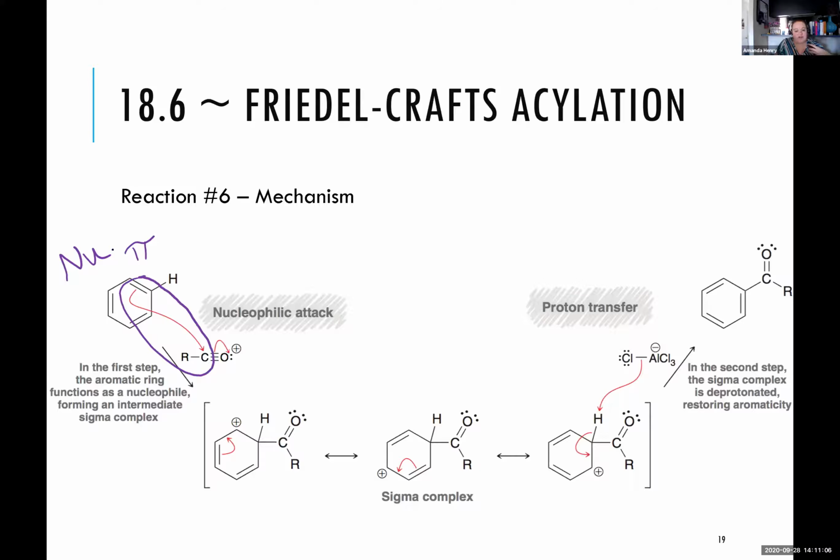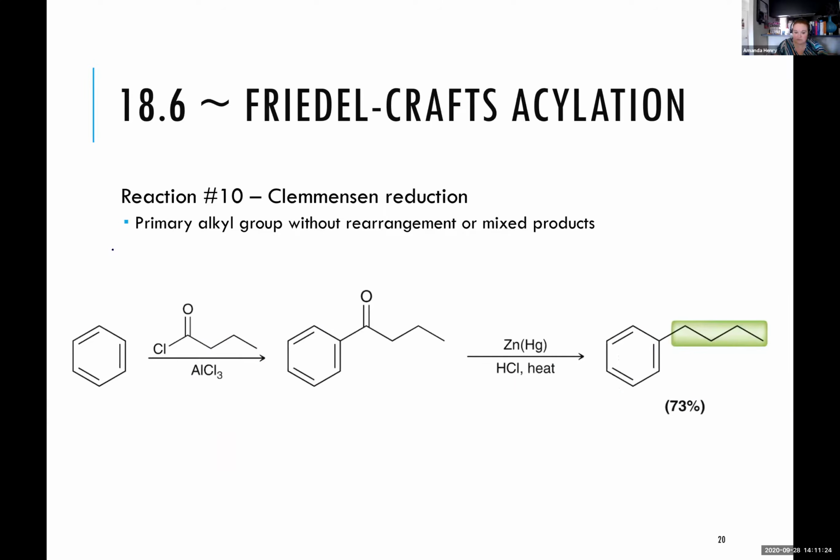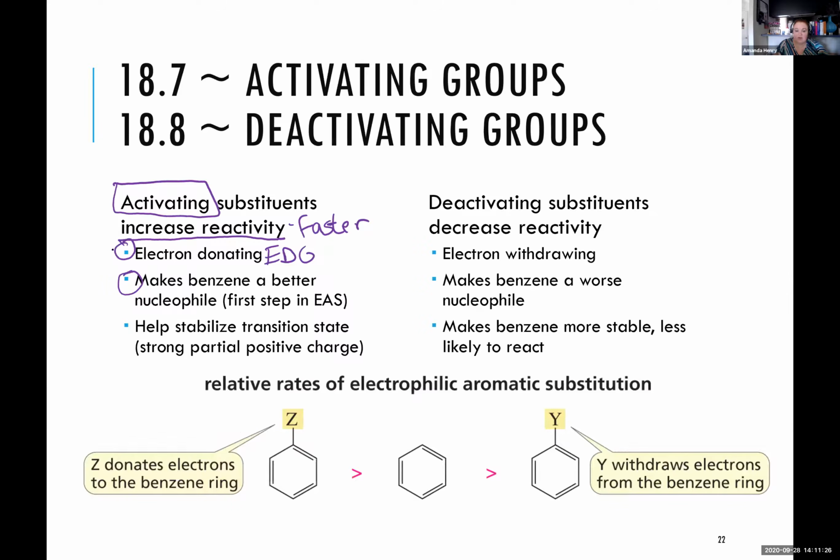So a nucleophile needs to be electron rich. So if our substituent can add electrons into the ring, it's making it more electron rich. That makes it a better nucleophile. That's going to make this step go faster. So that's one way that these types of substituents can make the reaction go faster. They are making benzene into a better nucleophile.